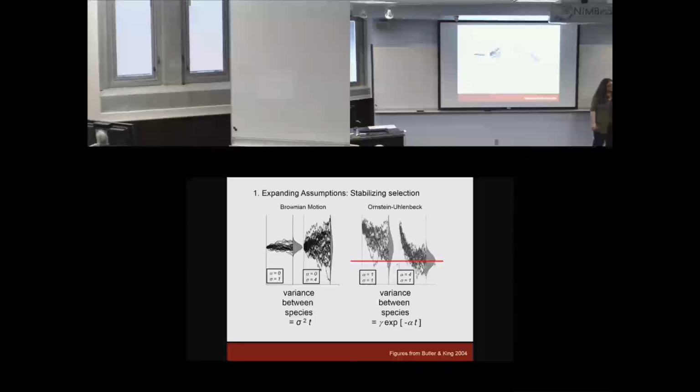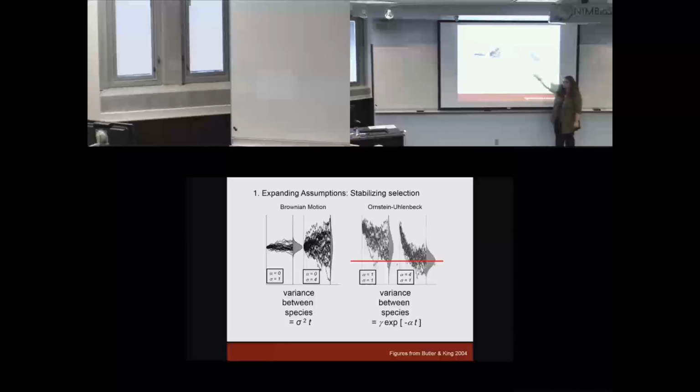Okay. And then the other scenario, under Brownian motion but with directional selection, we would basically have this forking process going up or down, so the whole fork would be tilted, right? Yes.